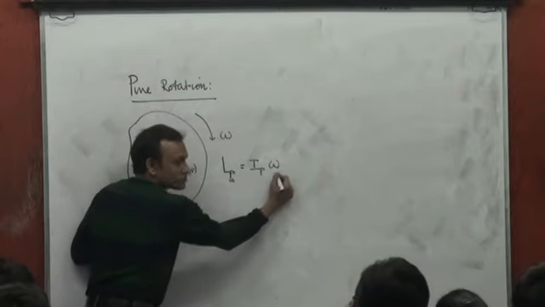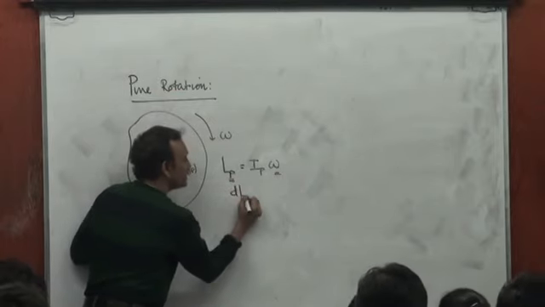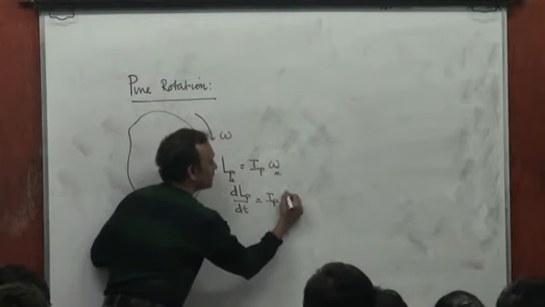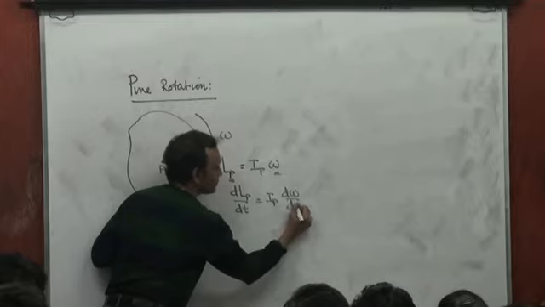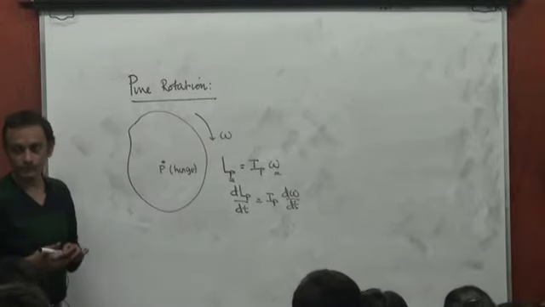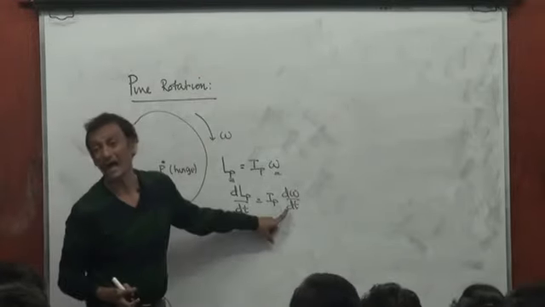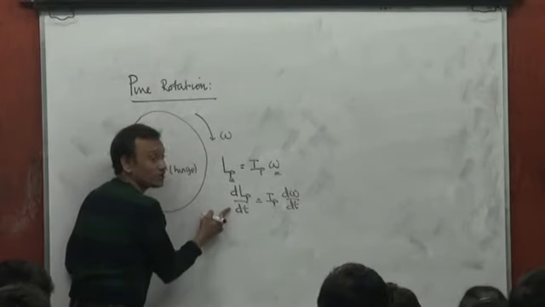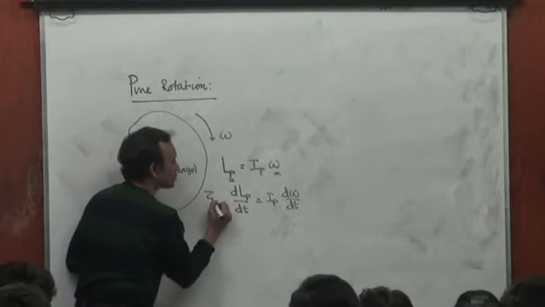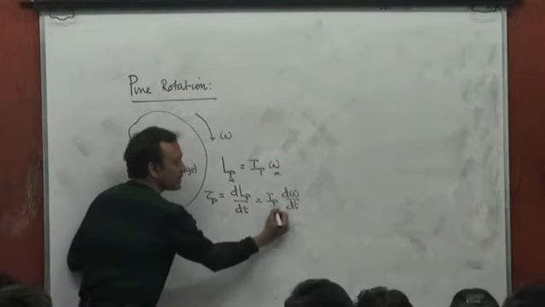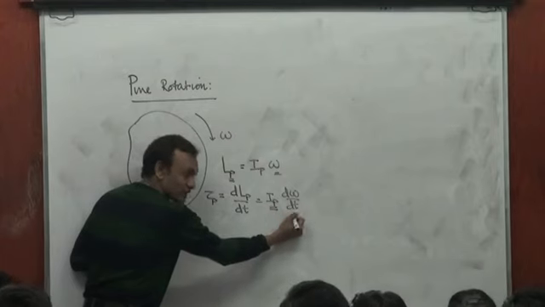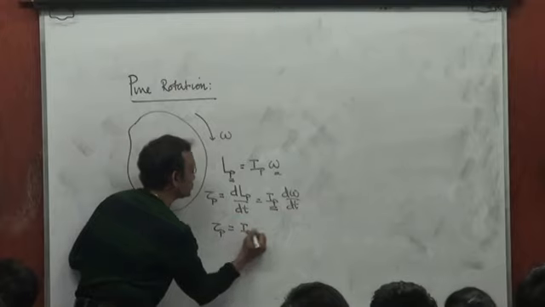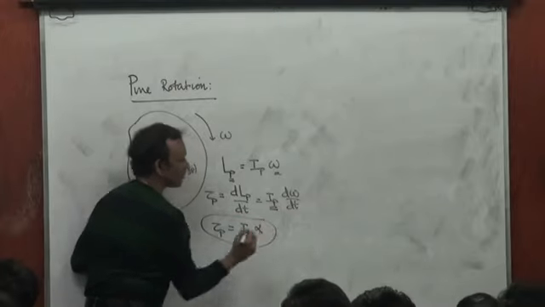Now, if I differentiate both sides, then dLp dt is I about P into d omega dt. But d omega dt is alpha. And dL dt is torque. Rate of change of angular momentum is torque. So, torque about P is I about P into angular acceleration alpha.